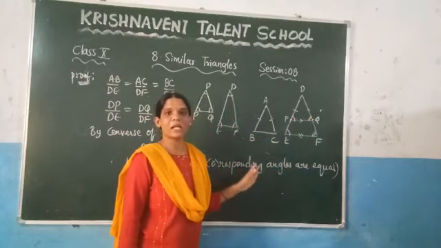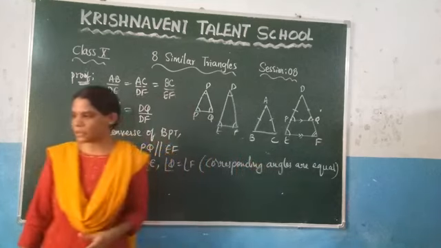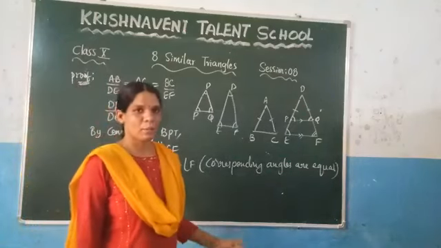So now you can use the angle similarity which we have just proved. By the theorem, you know that if the corresponding angles are equal, the corresponding sides are proportional.